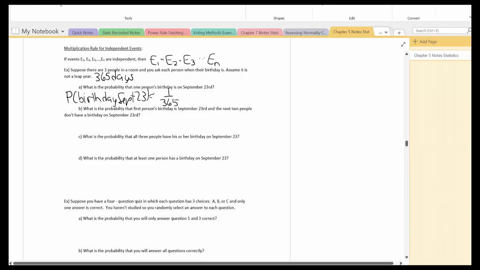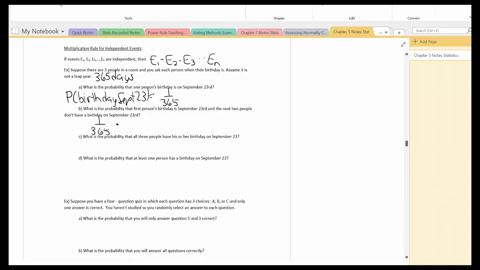Now, what is the probability that the first person's birthday is September 23rd and the next 2 people don't have a birthday on September 23rd? Let's start with the first person. The probability of the first person having a birthday on September 23rd is 1 out of 365. Now, the next 2 do not have a birthday on September 23rd.